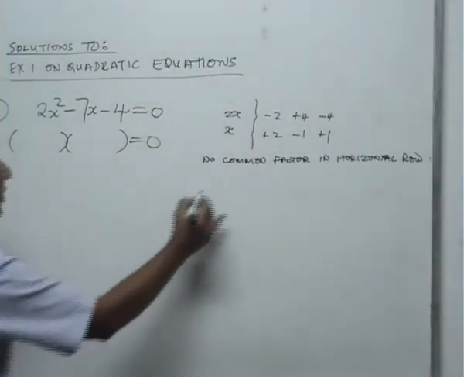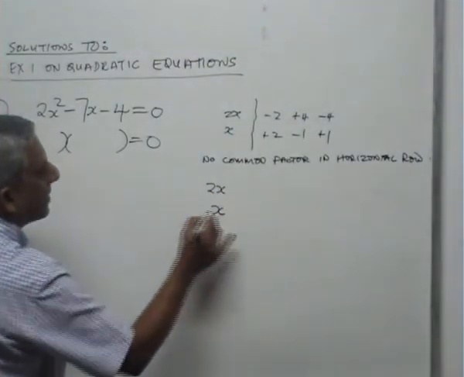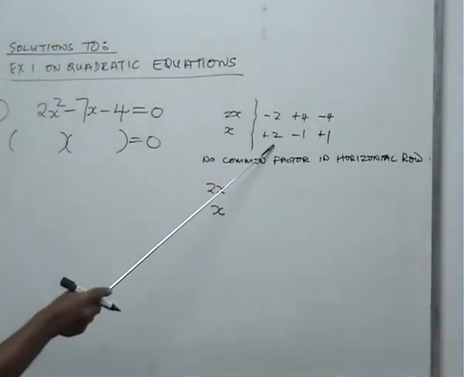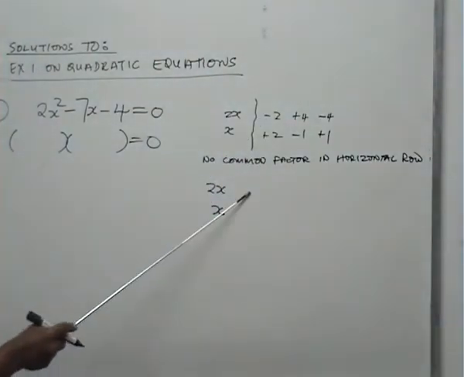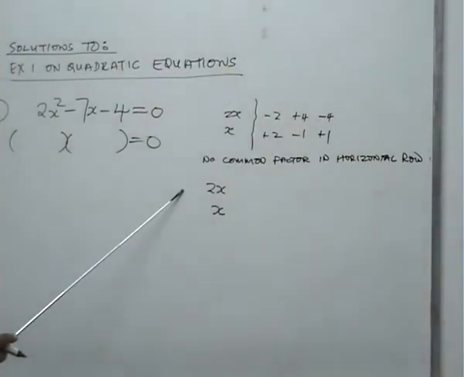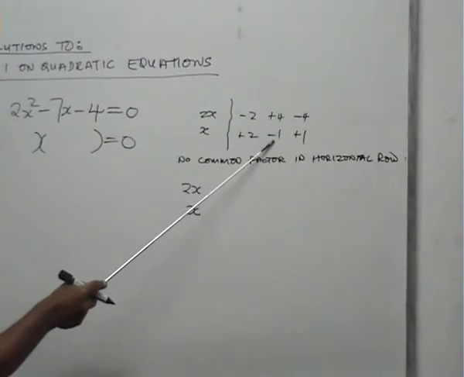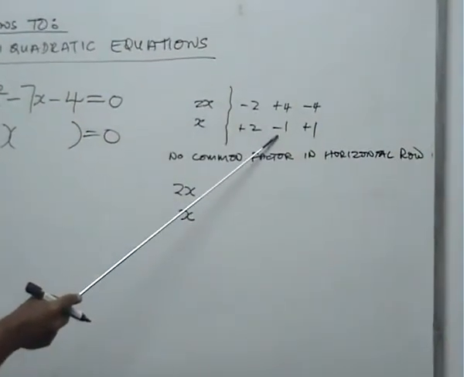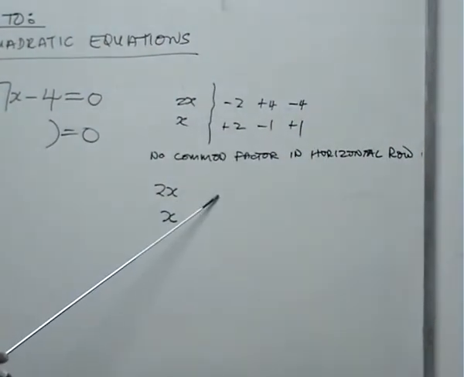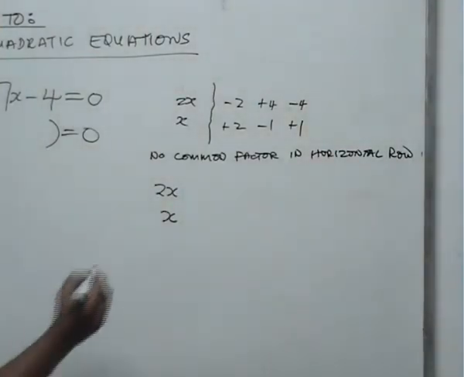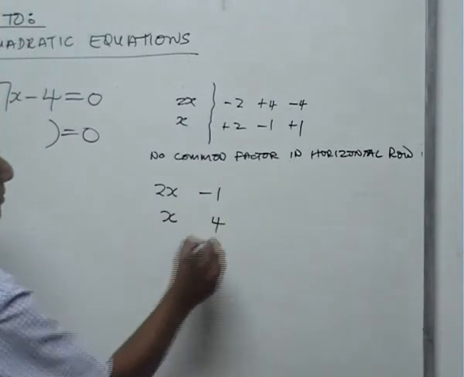So, if I take 2x and x, I can't take this. But if I take this, the moment I write 2 here, I got common factor in horizontal row, so that one is out. But I can take that one. If I take that one, I must not write 4 on top, because then I got a common factor in the horizontal row. So it's better for me to write minus 1 and 4.